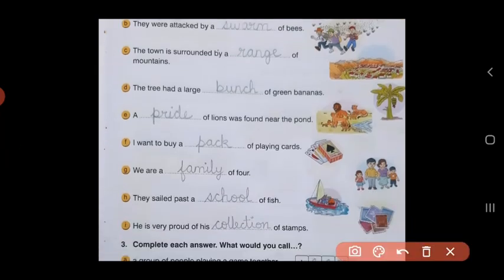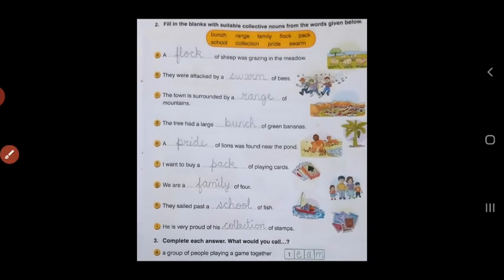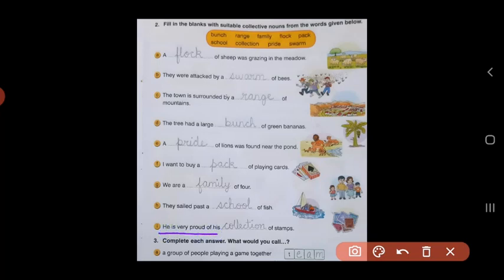Next, they sailed past a dash of fish. Whenever there are different types of fish in a group, we call the collective noun a school of fish. He is very proud of his dash of stamps.